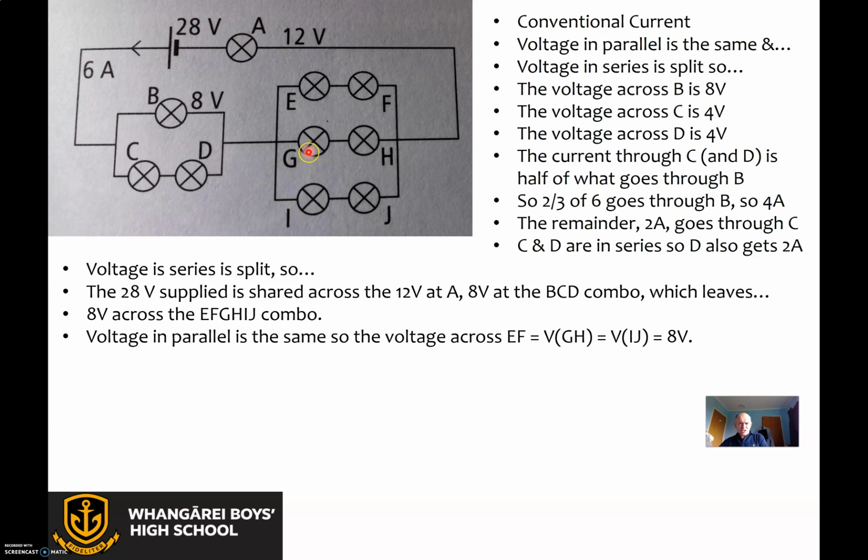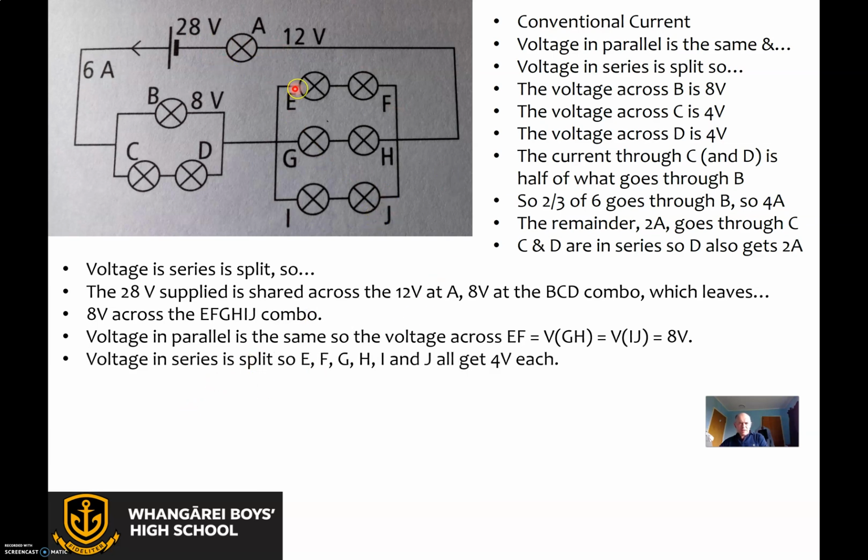Voltage in parallel is the same, so the voltage across this arm is equal to the voltage across GH, which is equal to the voltage across IJ. That's all equal to 8 volts, because 8 volts here, plus 8 volts here, plus 12 volts here, makes 28 volts supplied. Cool. That's really useful.